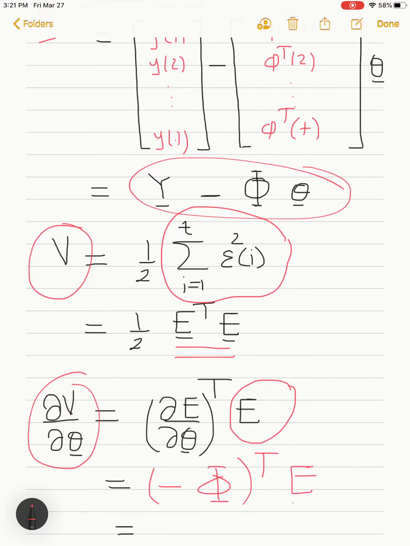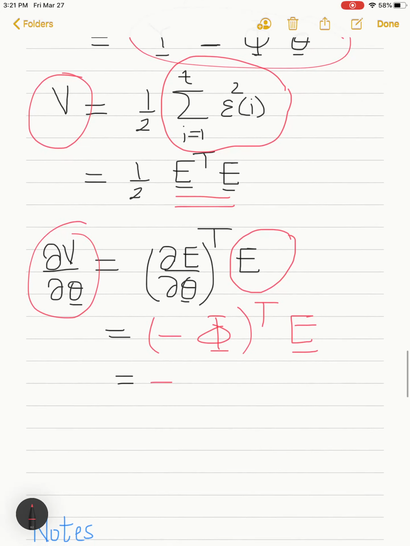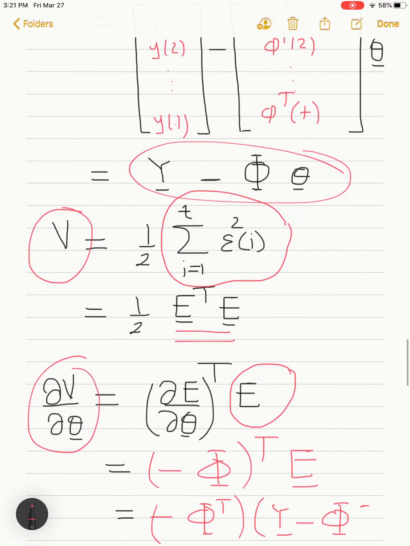So that's minus phi transpose times E. I can substitute now for E. So this is minus phi transpose, the capital matrix Phi, times y minus Phi times theta.